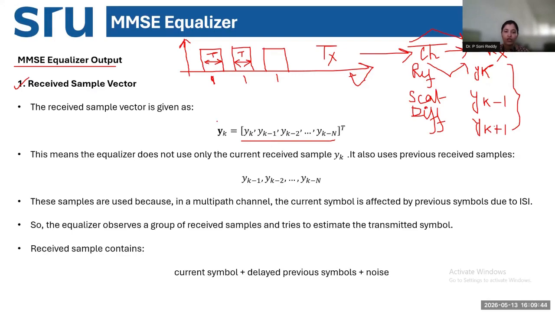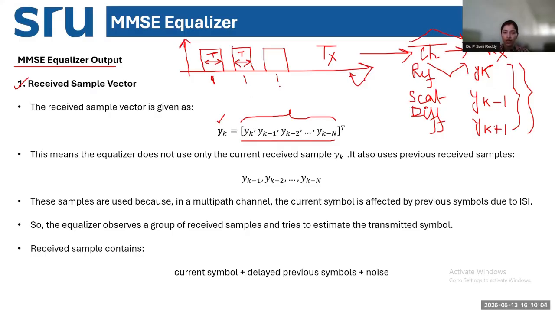So what is my received signal here? The received signal is nothing but a combination of all the different components of this signal at the receiver side. You can see here we have the current symbol as yk, and previous symbols as yk minus 1, yk minus 2, up to yk minus n.